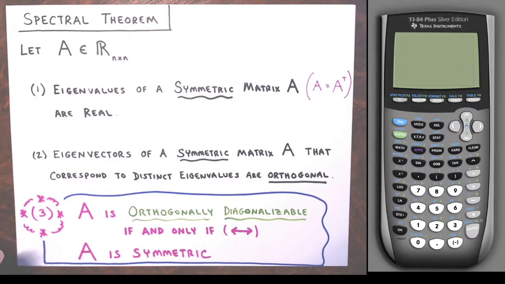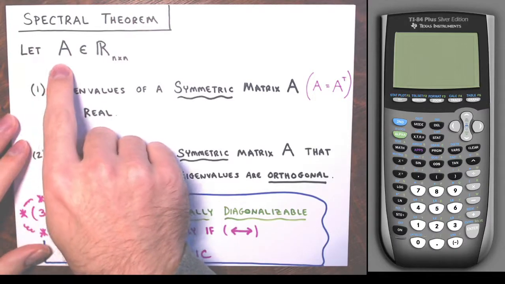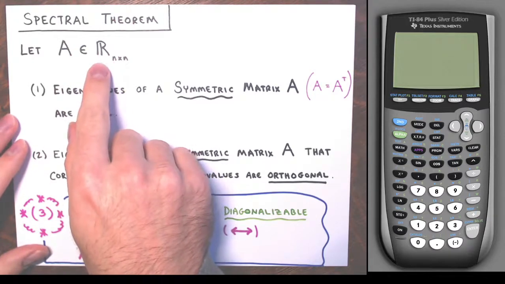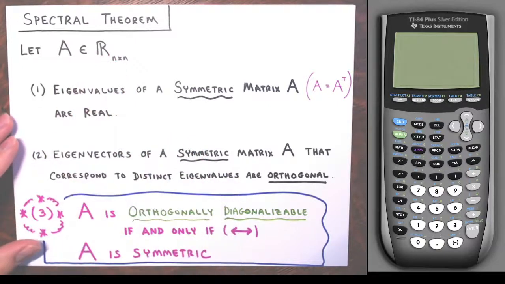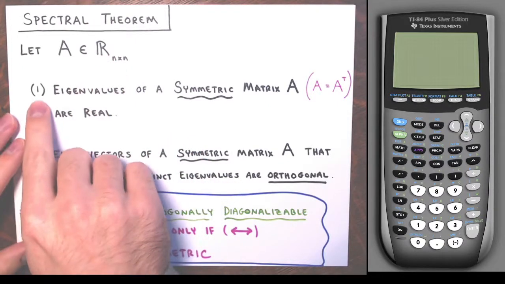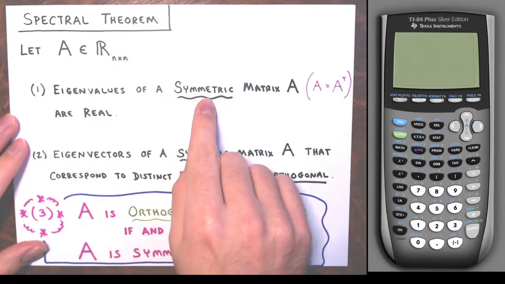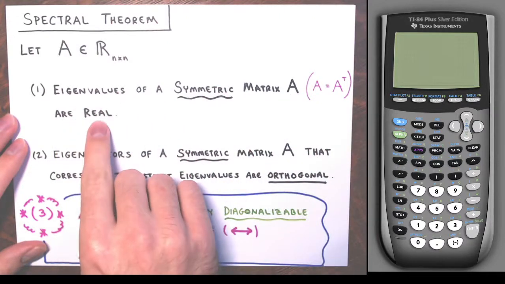Suppose A is some n by n matrix with real number entries, belonging to R n by n, or M n by n in other books. The first statement is that if A is symmetric, the eigenvalues will all be real numbers.